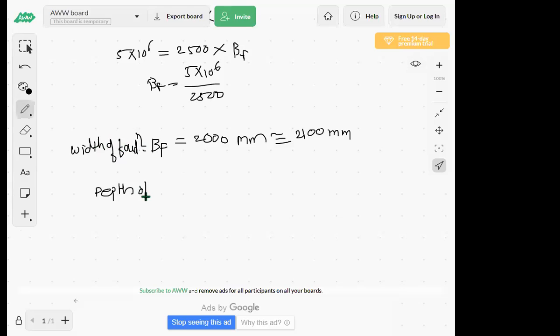So now depth of foundation is equal to how much? How to calculate? Length of foundation minus width of plate divided by 2. So length of foundation is 2500 minus width of plate is 400 divided by 2. So depth of foundation DF is equal to how much?